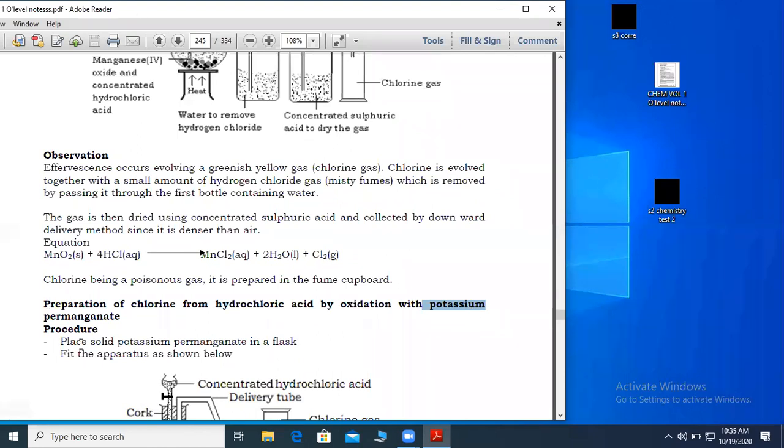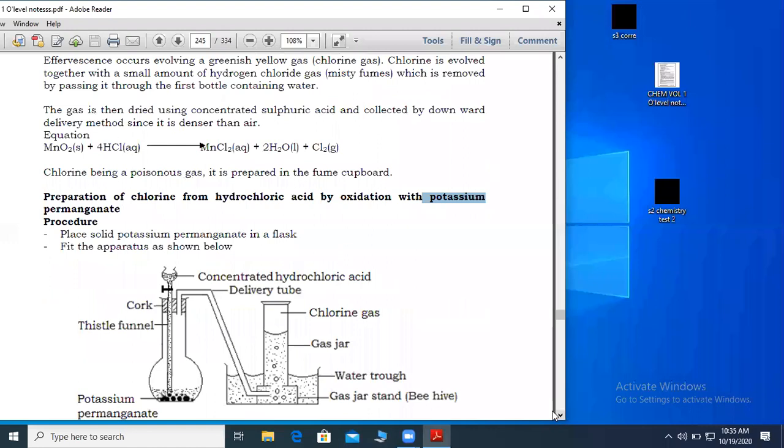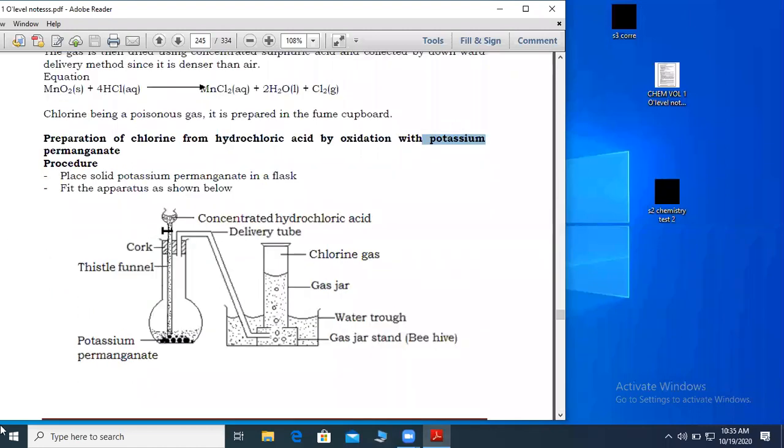So from potassium permanganate, the diagram is here. Nothing changes on the diagram. Now listen carefully. The only difference when we use potassium permanganate is that we don't heat. By the way, we didn't look at the equation. The equation is here. Manganese 4 oxide, this is its formula.